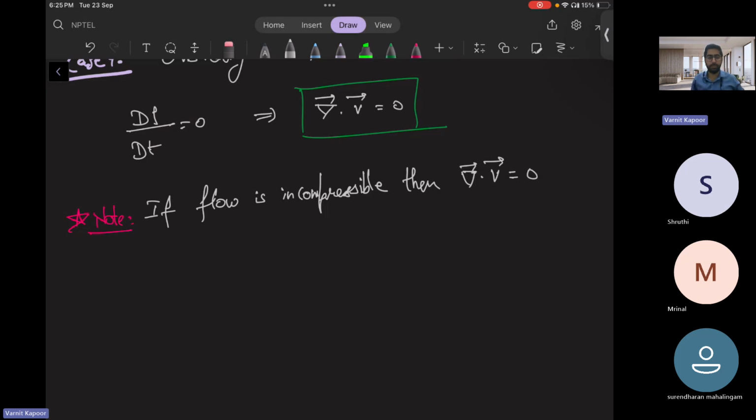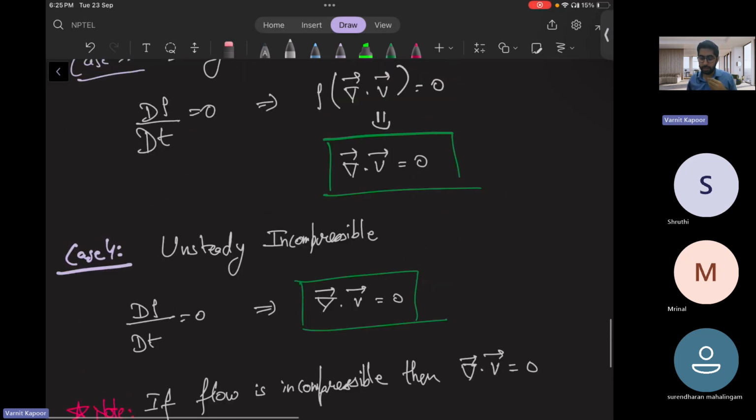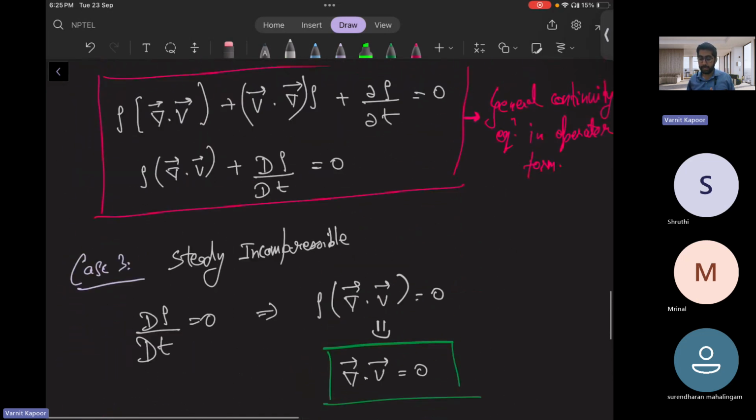Any doubts still here? So this was the continuity equation in Cartesian form.